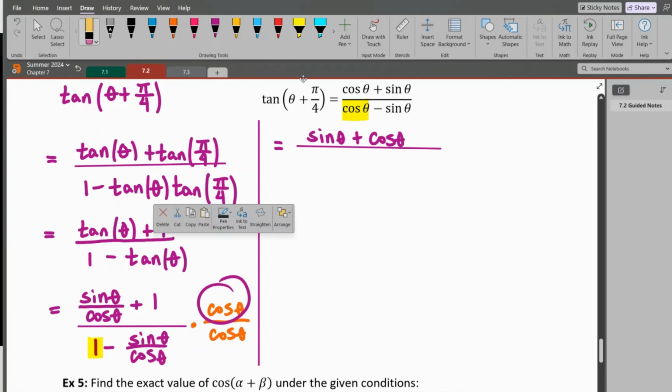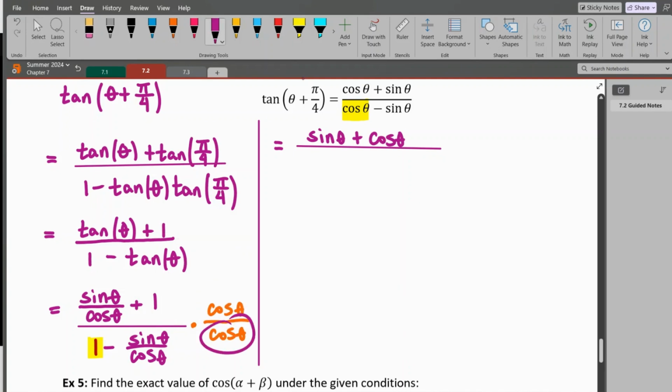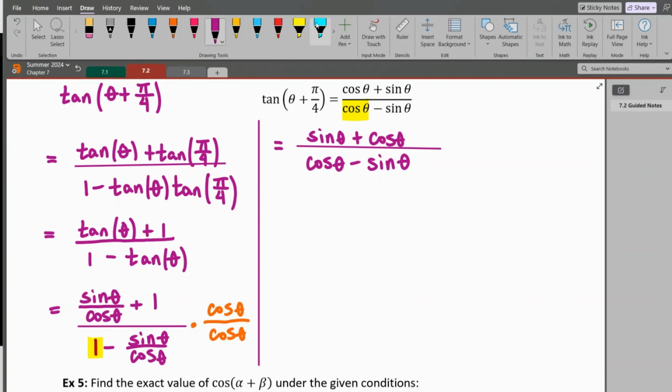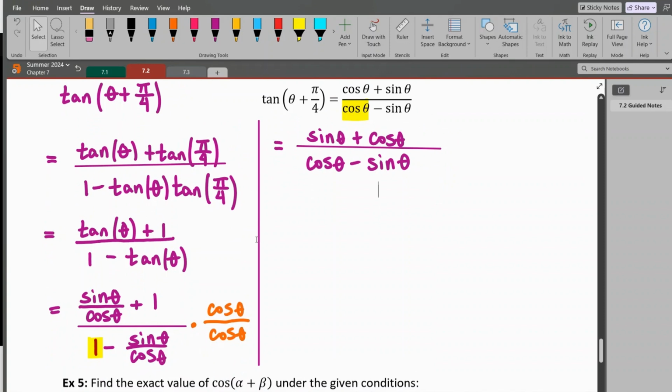In the denominator, cosine theta times 1 is cosine theta, just like we intended. And this last set, cosine theta times sine theta over cosine theta, is just going to be sine theta. And so we have ended up with that right-hand side. We verified this trig identity.